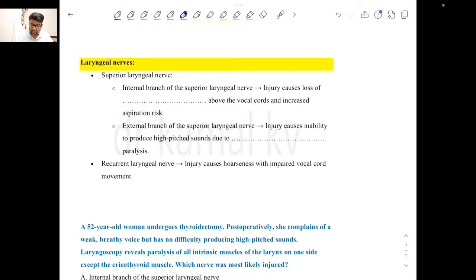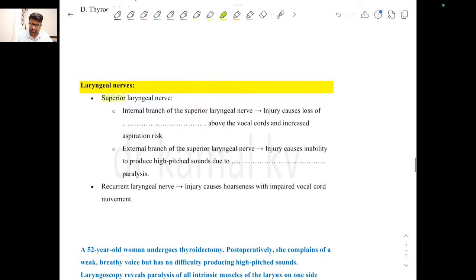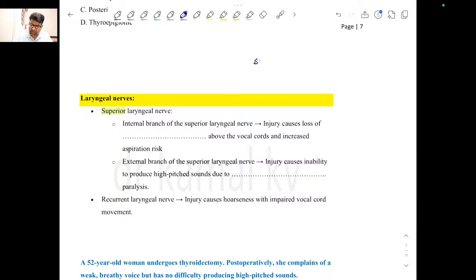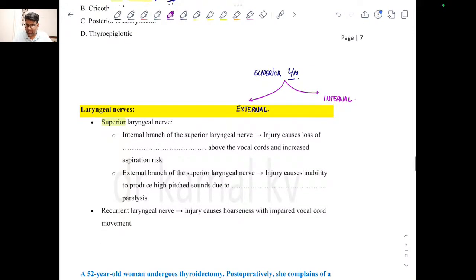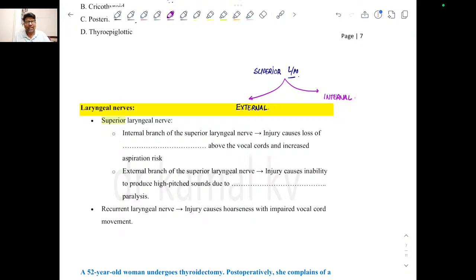So now, the superior laryngeal nerve has two branches. One is internal and the second one is external. The superior laryngeal nerve comes from the vagus.